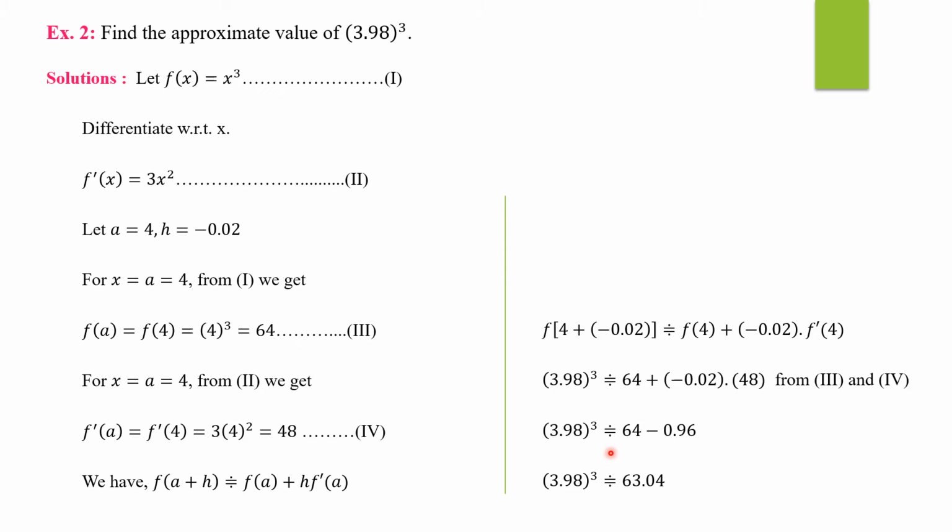Here is the multiplication. Simplifying we get 0.96. Hence 3.98 cube equals, on subtraction, 63.04.